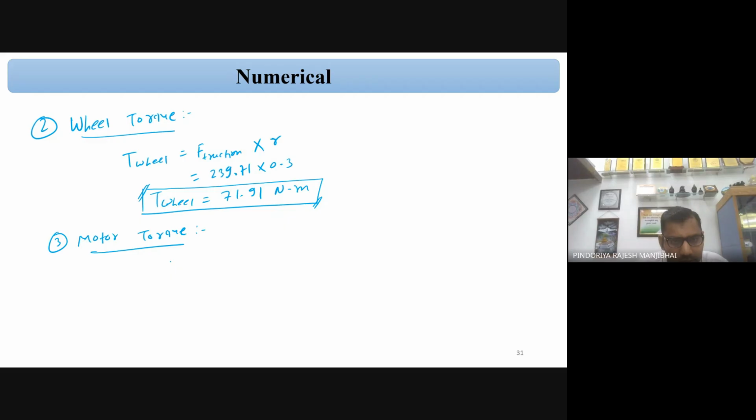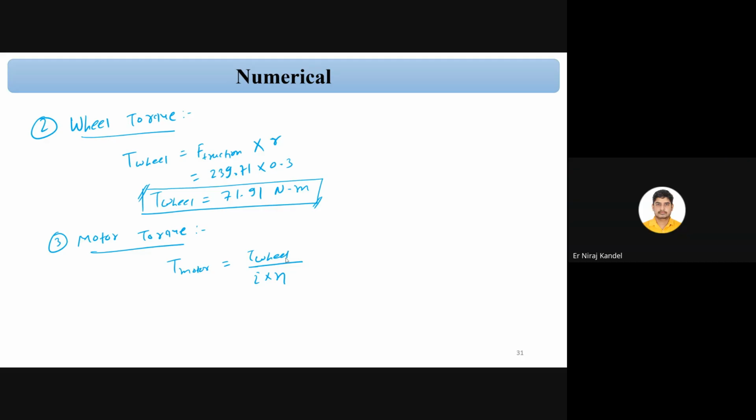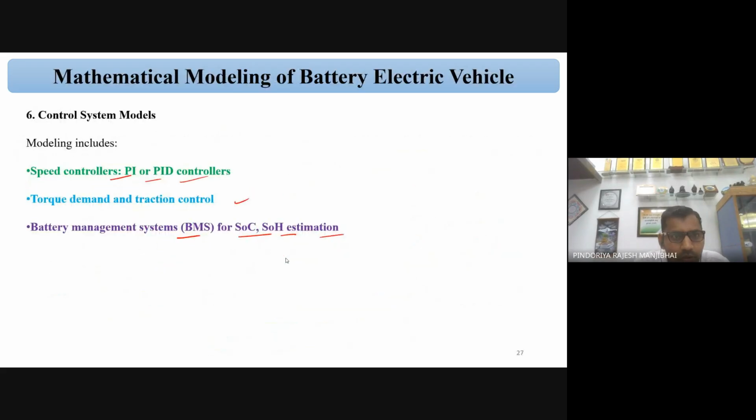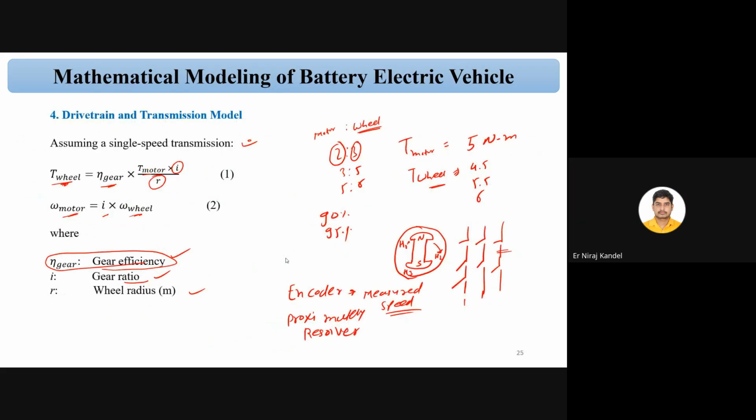Yes, correct. So motor torque is equal to wheel torque divided by efficiency into gear ratio. What is the formula? Eta into T motor into I upon R.